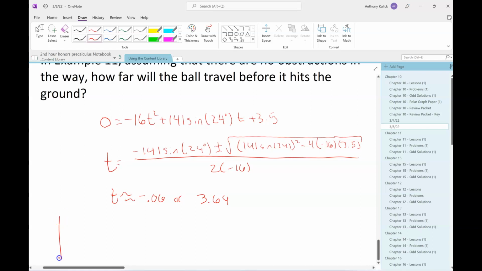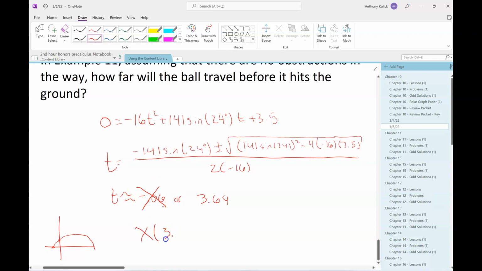Well, if you think about it, we're here, at 3.5. So if I draw the parabola, one end of the parabola is going to be in the negatives, since the initial height was at 3.5. So not surprised that one of my answers was negative. Doesn't mean I did anything wrong, but clearly not the one I want, right?